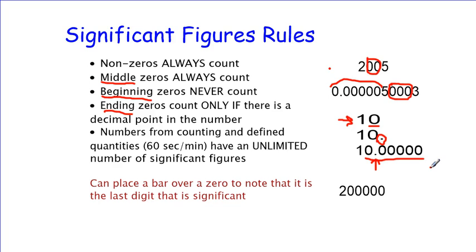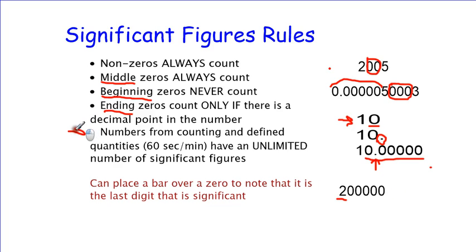However, in science, they represent different amounts of accuracy in your measurement. This number here, we've got a 2 with lots of zeros at the end, no decimal point. Again, those are ending zeros, no decimal point. This number will only have one significant figure.